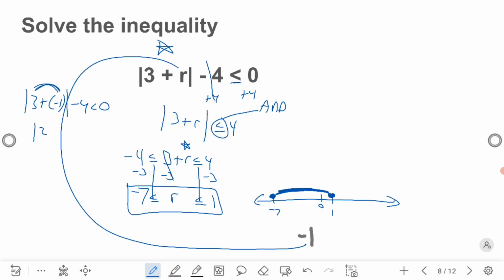So the absolute value of 2 minus 4 is less than or equal to 0. Absolute value of 2 is 2. So 2 minus 4, less than or equal to 0. 2 minus 4 is negative 2. Then you're asking yourself, is negative 2 less than or equal to 0? Yes, it is. So when I tried negative 1 here, it did work. And it should have worked because it was in the shaded region.